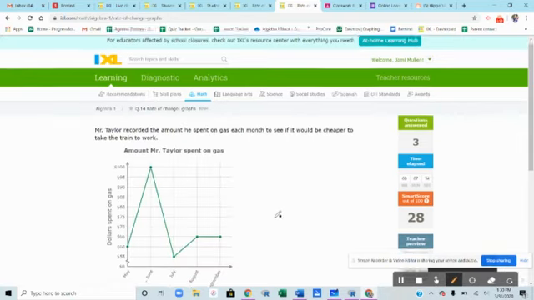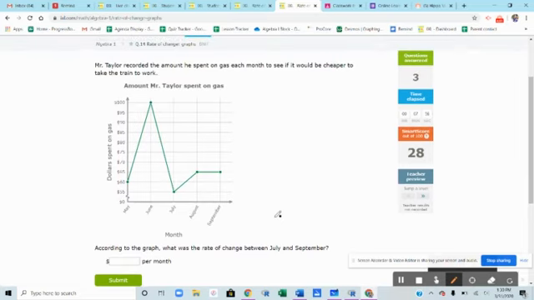We're going to go through one more, then hopefully you have a good idea of how to do this IXL. Mr. Taylor recorded the amount he spent on gas each month to see if it would be cheaper to take the train to work. We've got our graph here. We're going to use the graph to find the rate of change between July and September. So we look at July and we look at September.